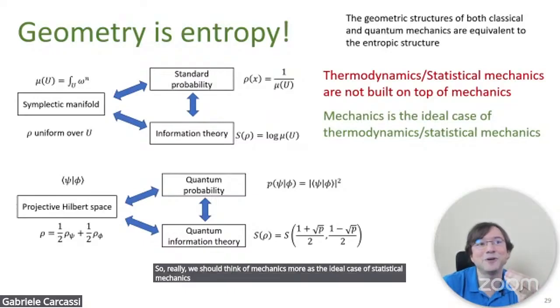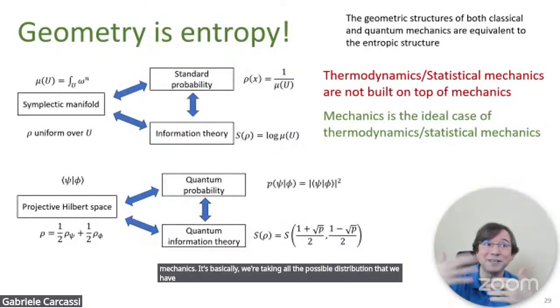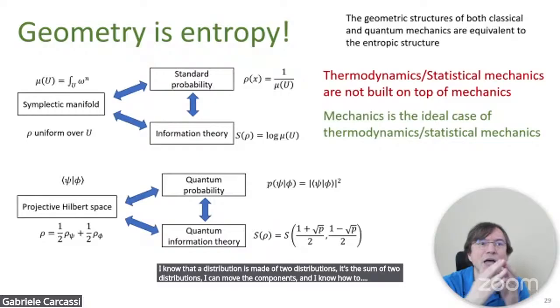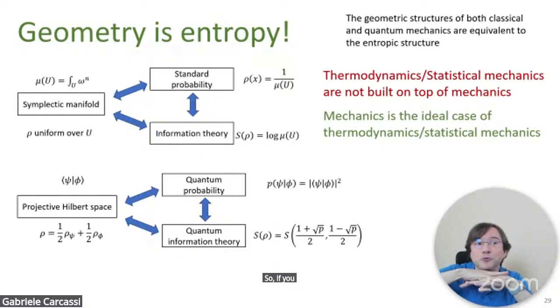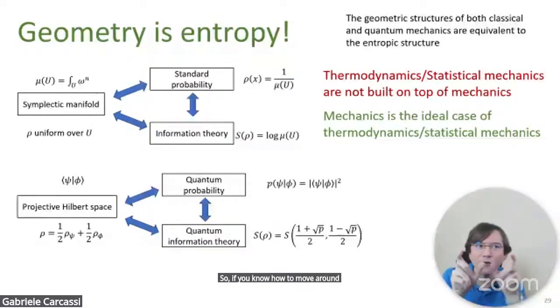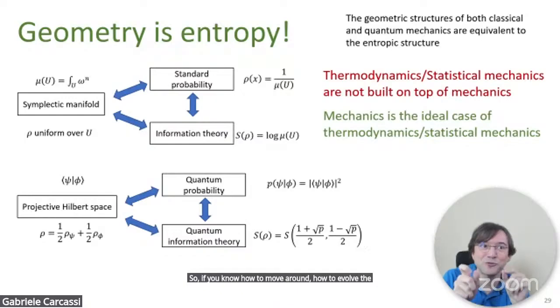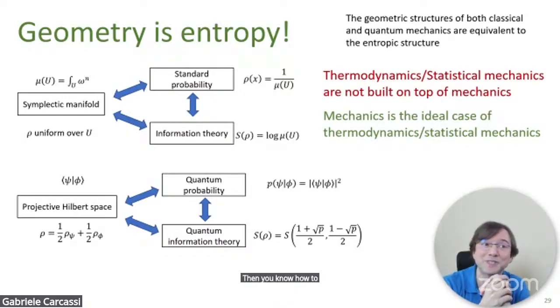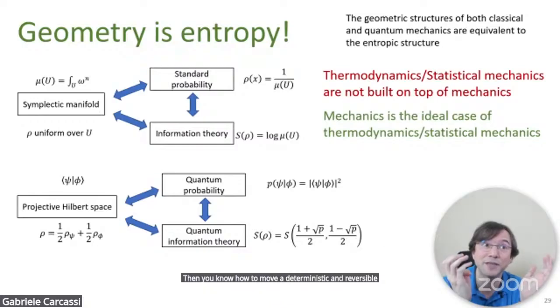So really, we should think of mechanics more as the ideal case of statistical mechanics. We're taking all the possible distributions that we have, and since there is linearity in terms of the statistical distribution, if I know that a distribution is the sum of two distributions, I can move the components, and I know how the whole moves. So if you know how to evolve the distribution with the lowest entropy, then you know how to move, deterministically and reversibly, everything else, because everything else is linear.